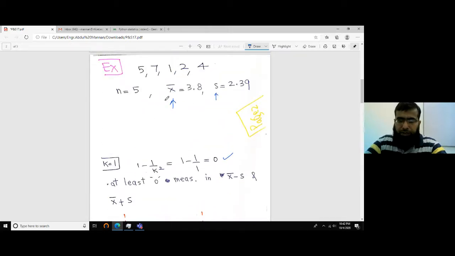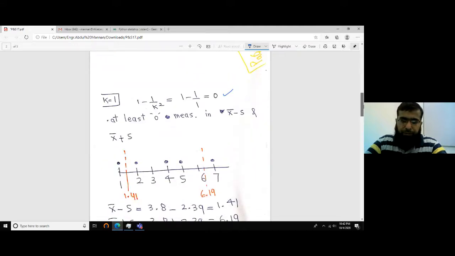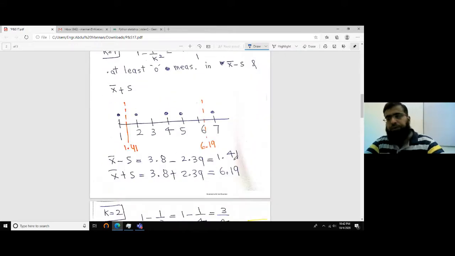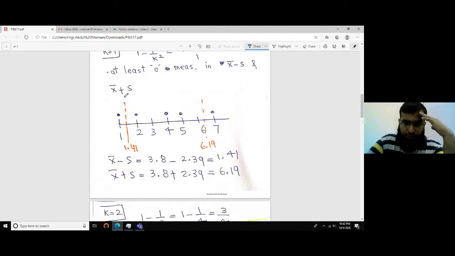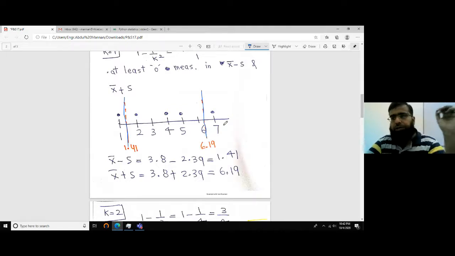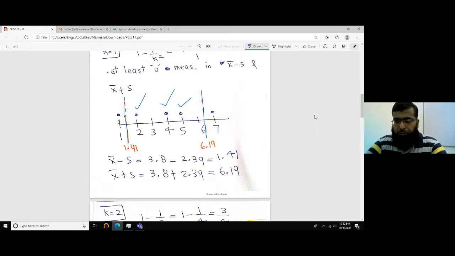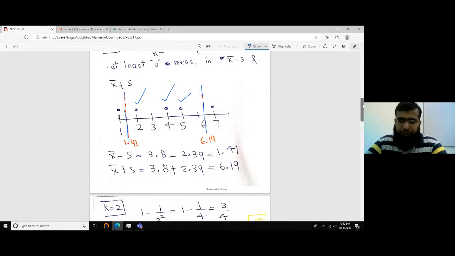We have computed x bar and s as 3.8 and 2.39. So 3.8 minus 2.39 is 1.41, which gives us the lower limit, and adding the two gives us the upper limit. According to the theorem, we should have at least 0 measurements within this range, but actually we have 3 measurements. So for k equal to 1, the theorem is working fine.